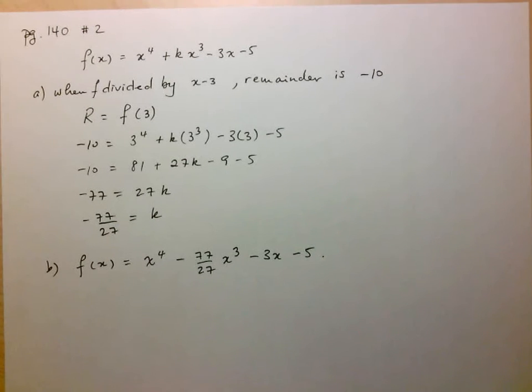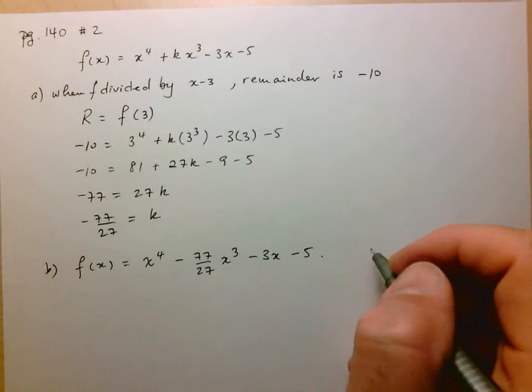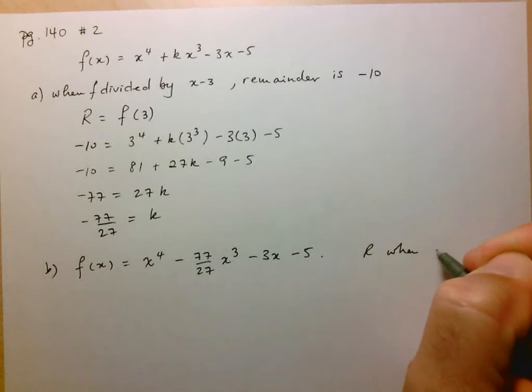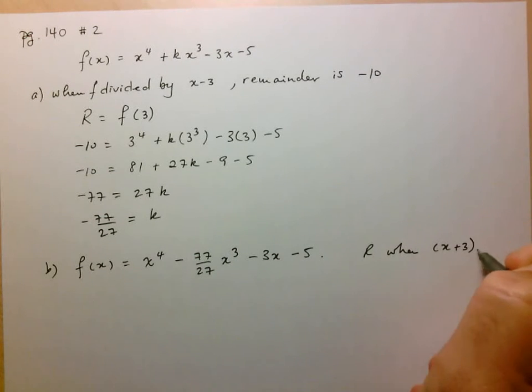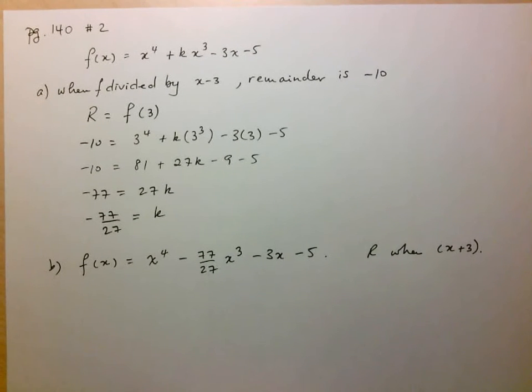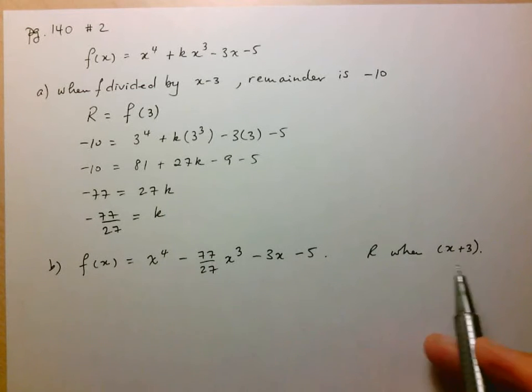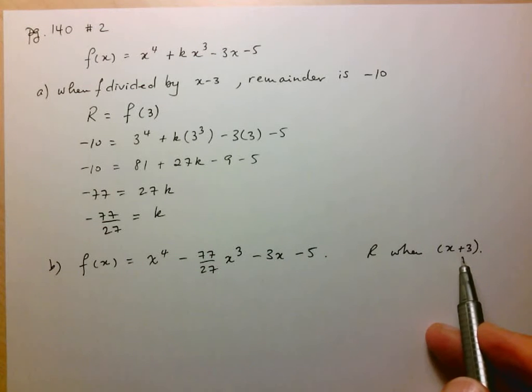To determine the remainder when dividing by x plus 3, we use the remainder theorem again. We don't actually have to do a division by x plus 3. We just have to evaluate the function f at, in this case, negative 3.